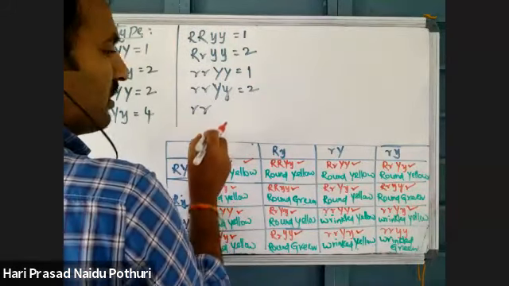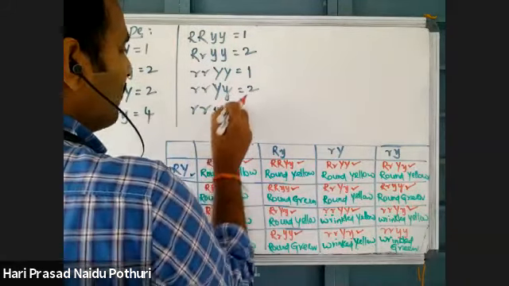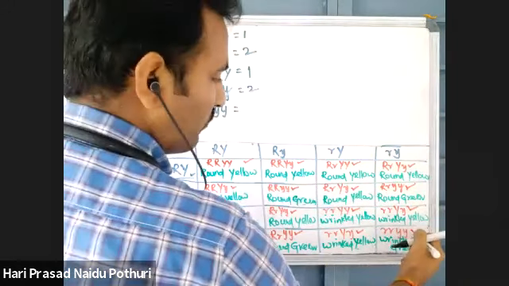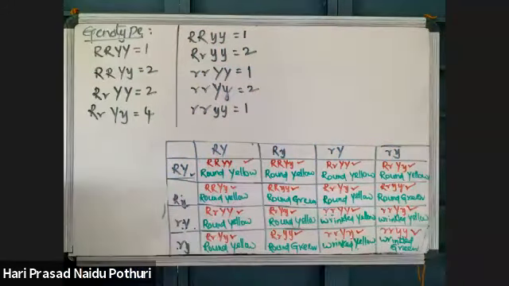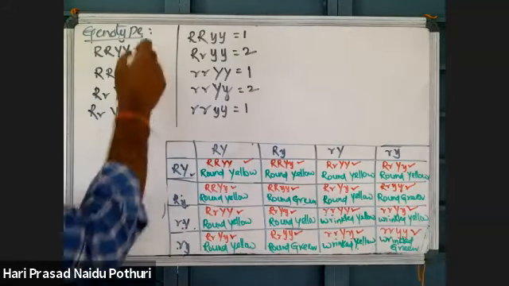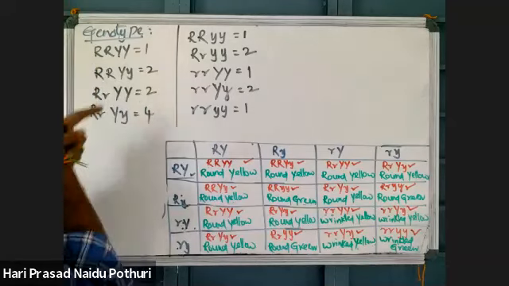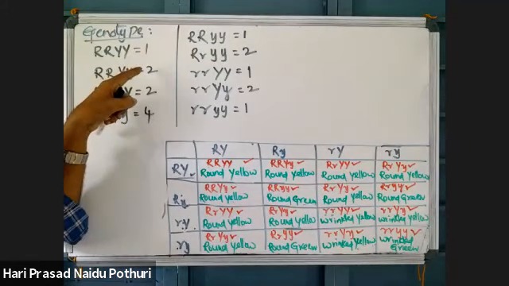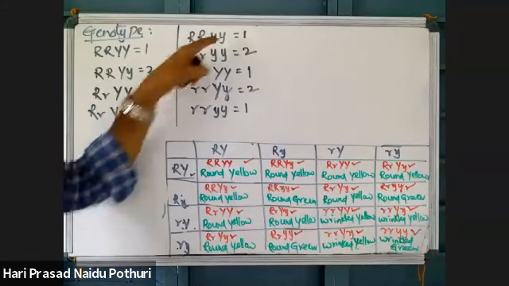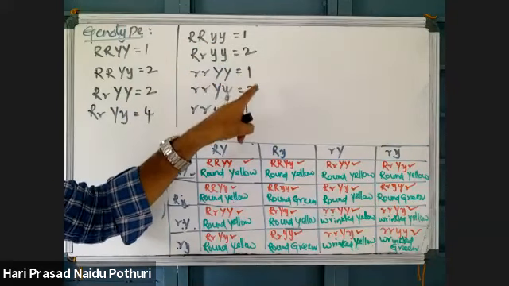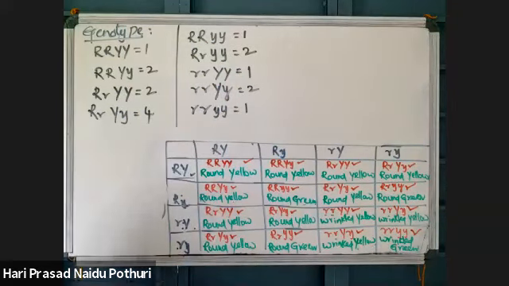Finally, small r, small r, small y, small y. This is only one. Calculate the total now: 1, 2, 2, 4, and so on, the total is 16.